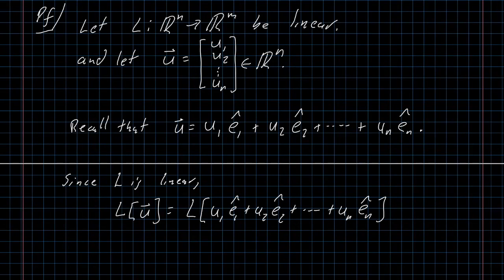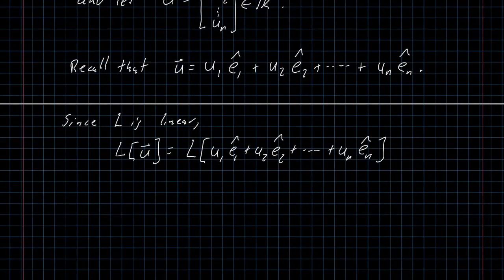Now I have my linear transformation, I have my vector, I can evaluate the linear transformation at that vector, and I can take advantage of the fact that we assumed that this transformation was linear. A linear transformation preserves linear combinations. And the way I've written vector u is as a linear combination of the basis unit vectors.